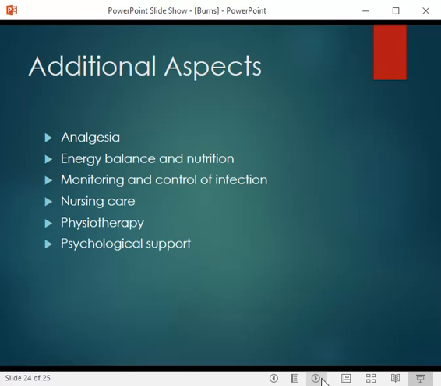Physiotherapy plays an important role in the post-operative period when we are trying to rehabilitate a burn patient, when we are trying to teach him to walk again, when we are trying to teach him to work again. After skin grafting, when the patient has been stiff for months and the joints are also stiff, the patient needs to move again, so he will require the help of a very good physiotherapist.